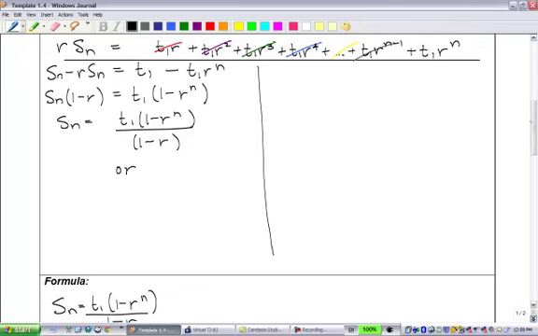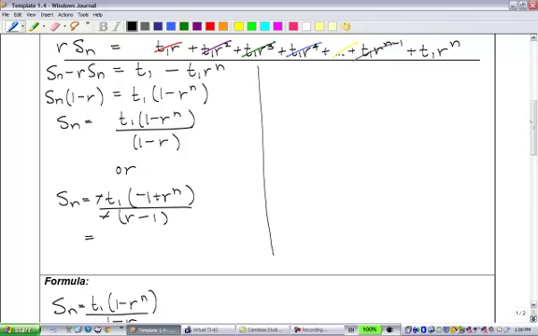We can further develop this formula by factoring out a negative sign out of both the top and bottom brackets. And what we're going to end up with is a negative 1 plus r to the n over, factored out a negative 1, sorry, not a T there, an r minus 1.